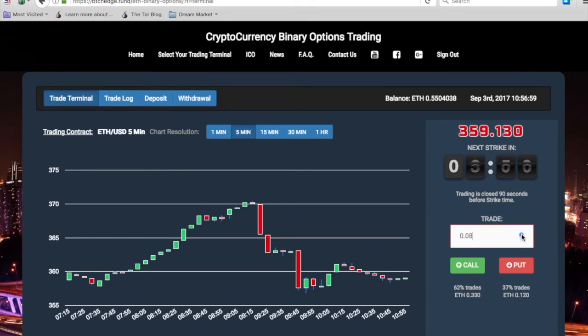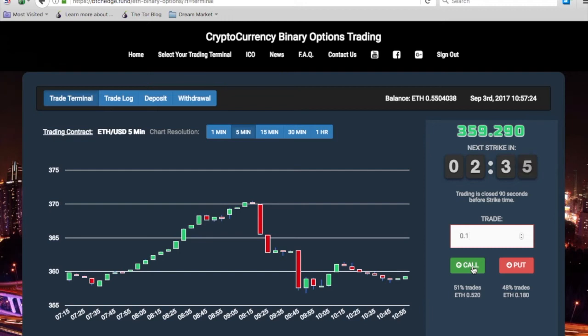So I'm going to place a bigger amount like 0.1, and I'm pressing the call button because I think that the price at strike time in about 2.5 minutes will be higher than the current price.